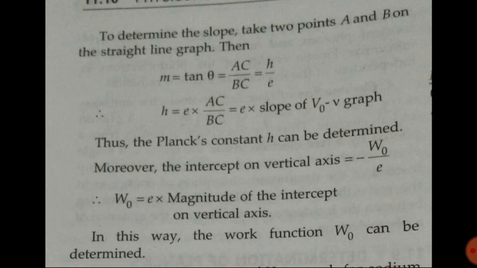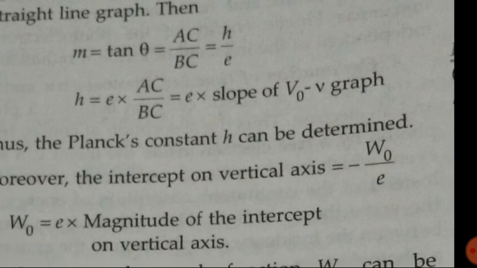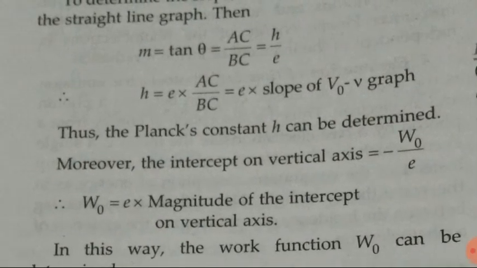So here also m equals tan theta equals AC upon BC. By putting the value, we have h upon e, or h equals e into AC upon BC. That means h equals e into the slope of the V naught versus nu graph, that is the potential frequency graph. Thus Planck's constant h can be determined by this equation.